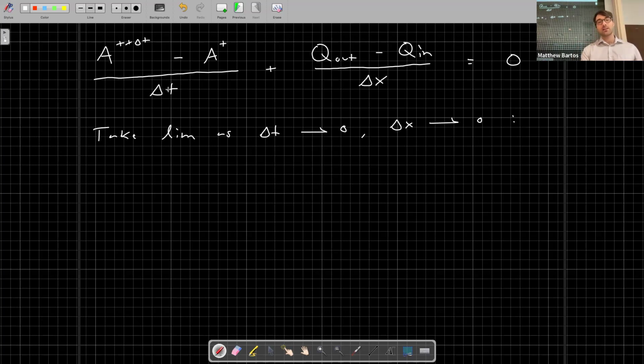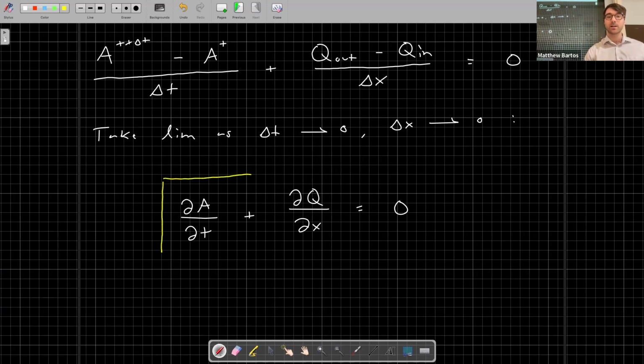As delta t goes to 0, this becomes dA by dt, and as delta x goes to 0, this becomes dQ by dx, and this is always going to be equal to 0. So this is our general expression for conservation of mass, or continuity. This will always apply.